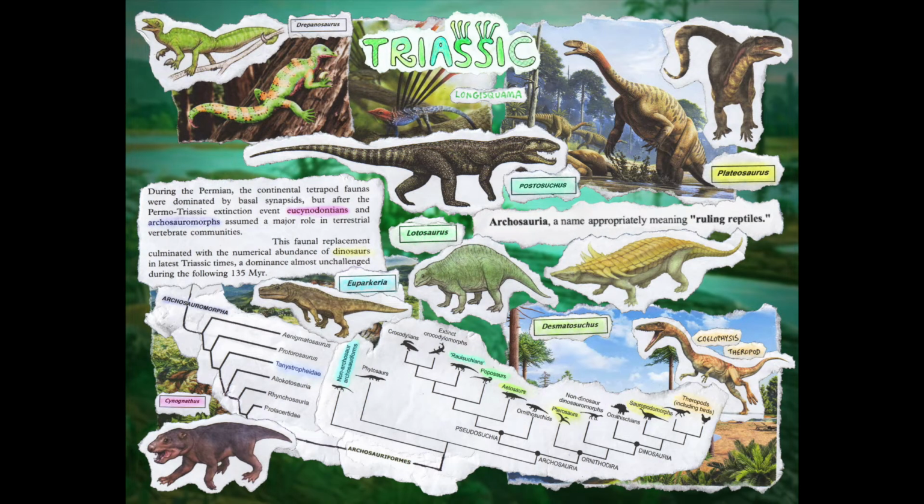So the Great Dying led into a new era, the Mesozoic era, which started with the Triassic period, which was dominated by these creatures known as archosaurs, which roughly translates to ruling reptiles. And so these ruling reptiles include various things like crocodilians, dinosaurs, non-dinosaur dinosauromorphs, just a lot of various types of reptiles.